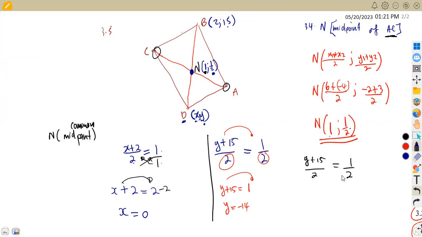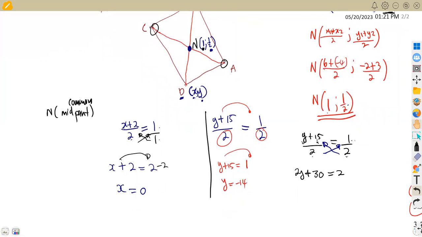So we can cross multiply these two. Y multiplies 2, and 2 multiplies the other side. So if we multiply 2 times Y, that is 2Y plus 2 times 15, which is 30. So 2 multiplies everything on this part. Then on this part is 2 times 1, which is going to be 2. All right. So we can determine the value of Y here.